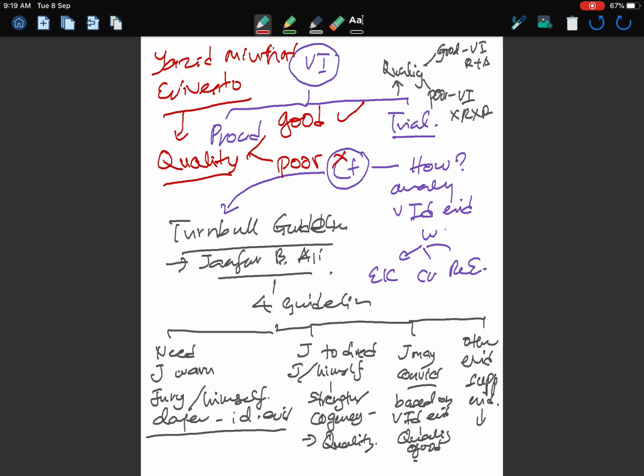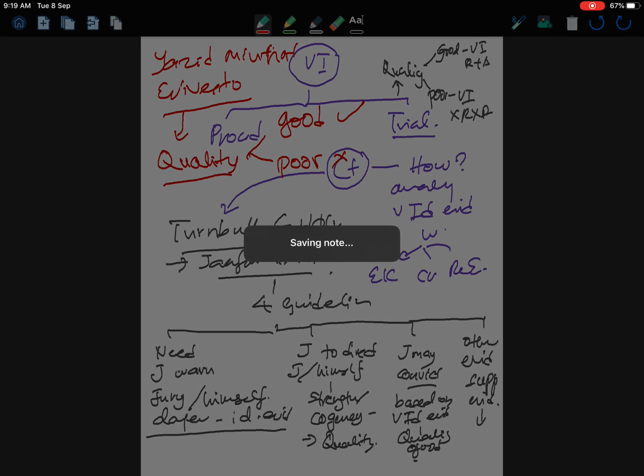And these cases basically come to the conclusion that if the quality is good, you can convict. If the quality is poor, you cannot rely on it. So basically, it applies the Turnbull guideline, just that it does not use all the 4. Maybe that will be the situation. So you got the picture?